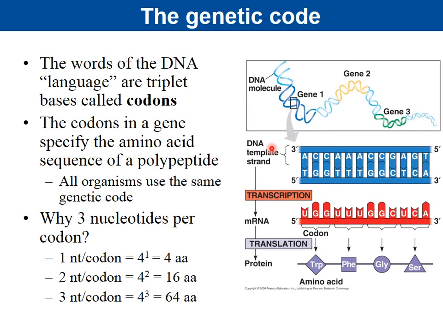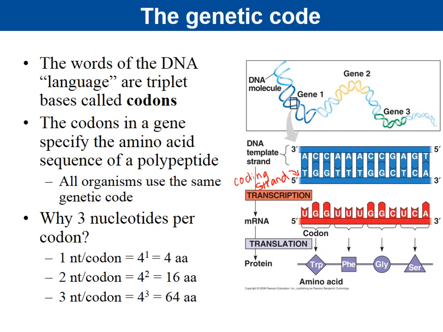In transcription, both strands do not serve as the template. Only one strand is the template. This particular strand is our template strand. The other strand, the strand down beneath it, is not the template strand, but is instead what we call the coding strand. And we'll talk about that in just a minute.